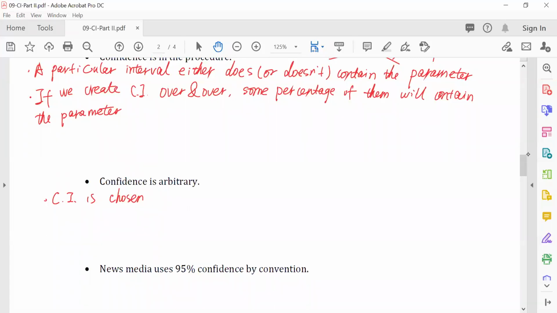So a higher confidence level doesn't really speak to anything about the quality of the data. It is just chosen by the person who is creating the interval.